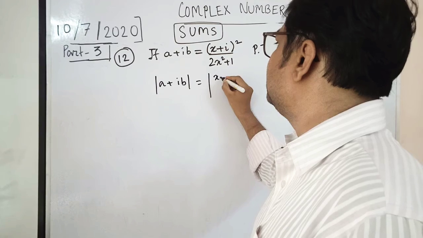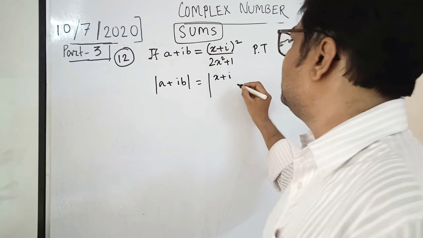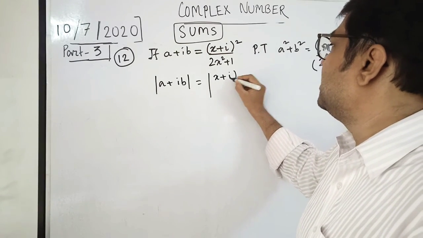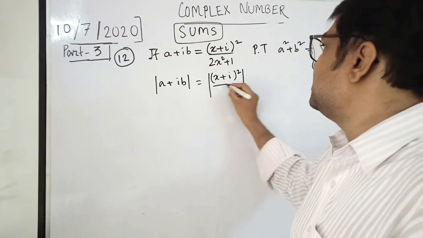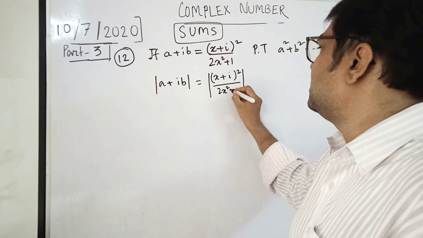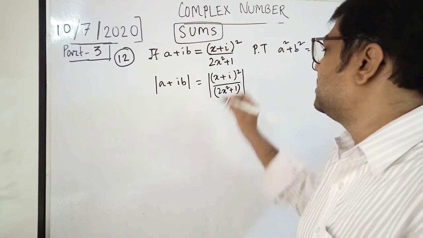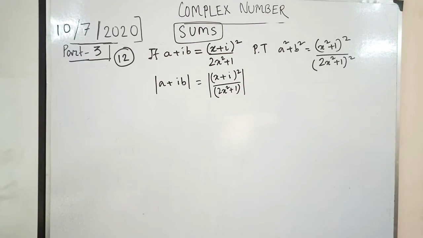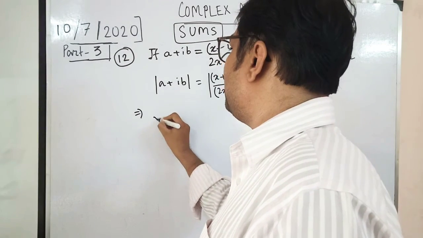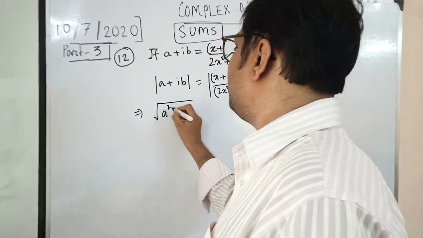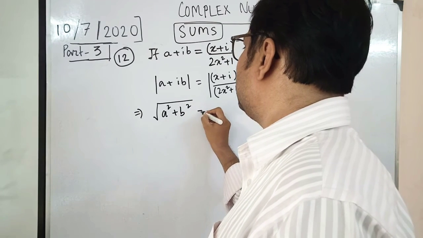Obviously this side, after modding, will come a square plus b square. And look at this side.